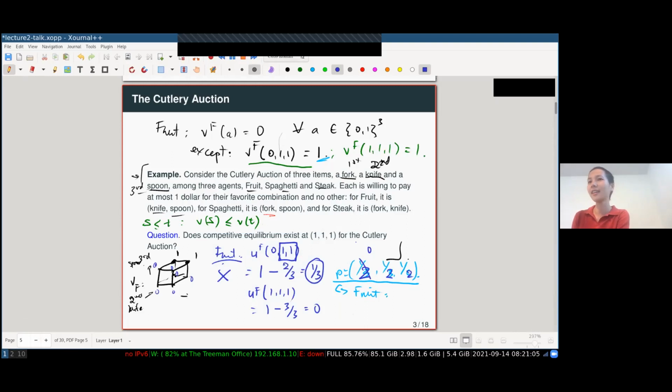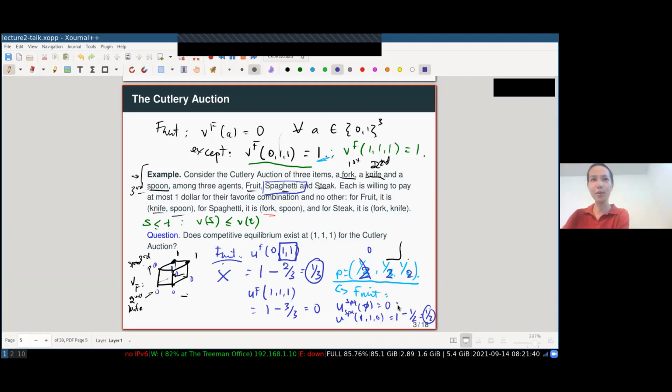For example, say for spaghetti, who wanted a fork and a spoon, then they got the empty set, which has utility 0. But under this price where it's 0, 1/2, 1/2, spaghetti would really want their favorite combination of 1, 1, 0, because if they were to get that, then the utility will be 1/2, which is strictly better than what they got.